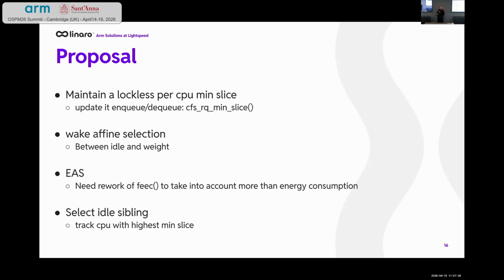And in the select idle sibling, all this fast path, then the goal would be to track this CPU when we are looking at all the CPUs. And among those which are not idle, keep the one with the highest mean slice duration, so you can preempt that. When you say looking for a non-idle CPU in select idle sibling, where are you exactly?